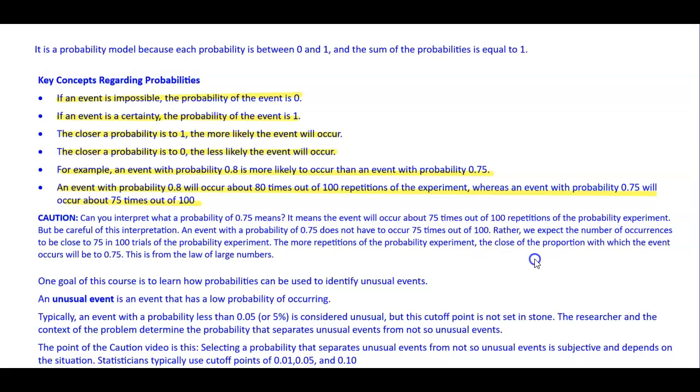Rather, we expect the number of occurrences to be close to 75 in 100 trials of the probability experiment. The more repetitions of the probability experiment, the closer the proportion with which the event occurs will be to 0.75. And this is from the law of large numbers.